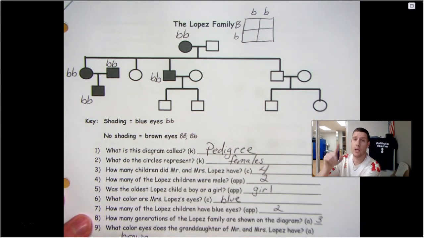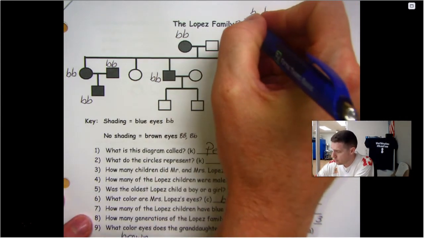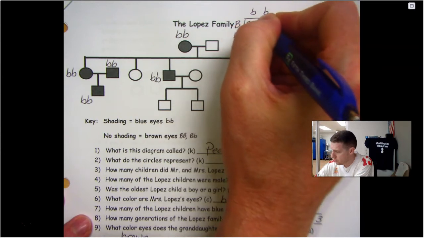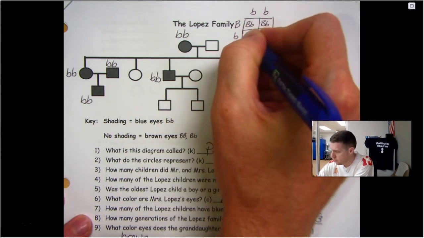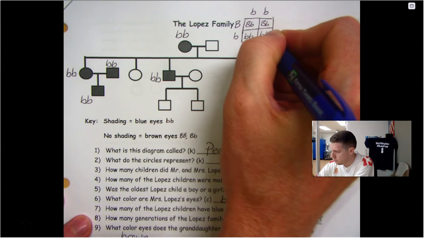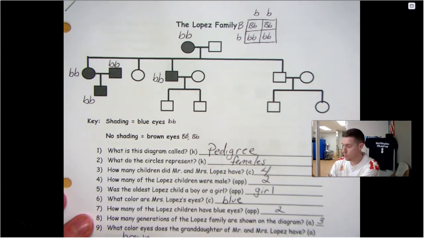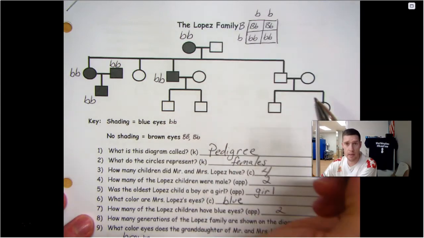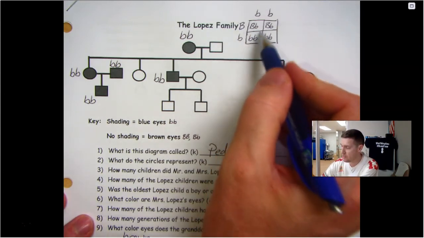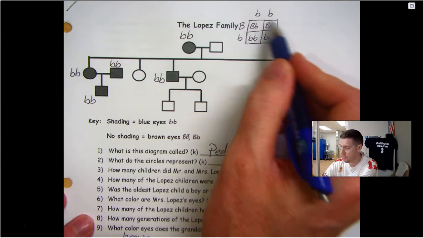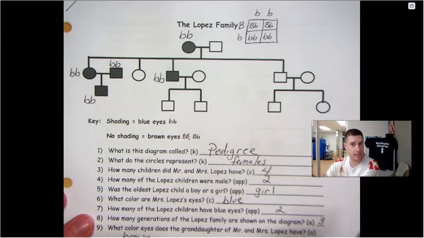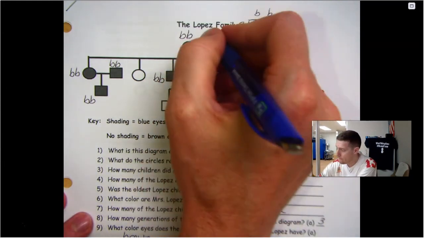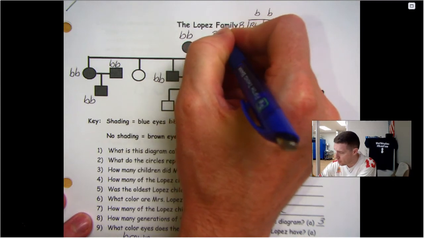And just to be sure, let's run that cross. Okay, so did we cross something with Mrs. Lopez that gives us 50% homozygous recessive and 50% something else? Yes, yes we did. So Mr. Lopez is heterozygous.